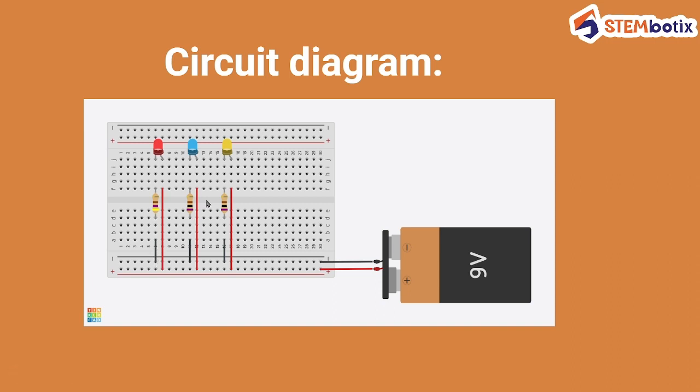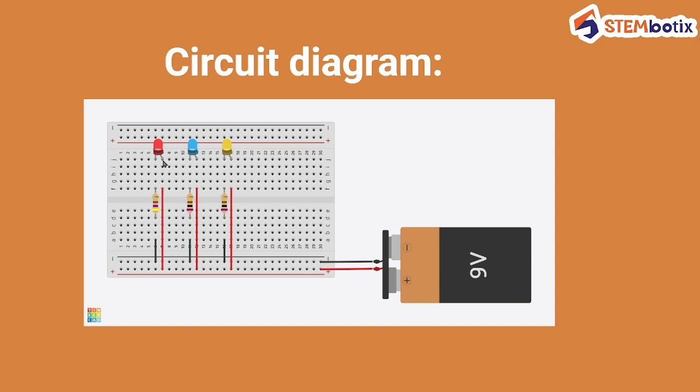Similarly, place a resistor such that one terminal is connected to the cathode of the blue LED and the other terminal of the resistor to the negative rail of the breadboard. Now place all three resistors similar to these steps.